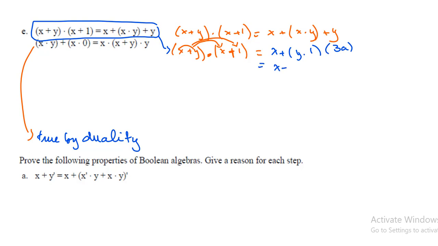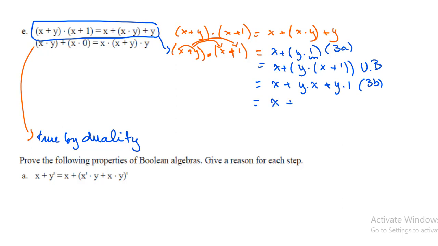And then the next one, I see that I could say instead of 1, because I'm missing x, so what I'm going to call 1, it could be x plus 1 by using the universal bound. And then if I use distribution, which is 3b, we get this.